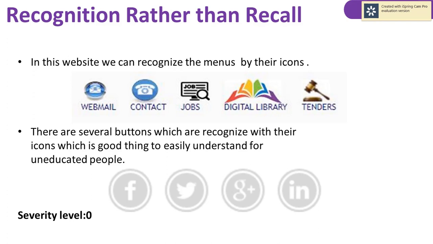For example, at the top we have 5 menus: mail, contact, jobs, digital library and tenders. All these menus are easily recognized by their icons and pictures. And here there is the Facebook icon, and for Twitter, Google account and LinkedIn. So this website meets the recognition rather than recall check. So here the severity level is 0.